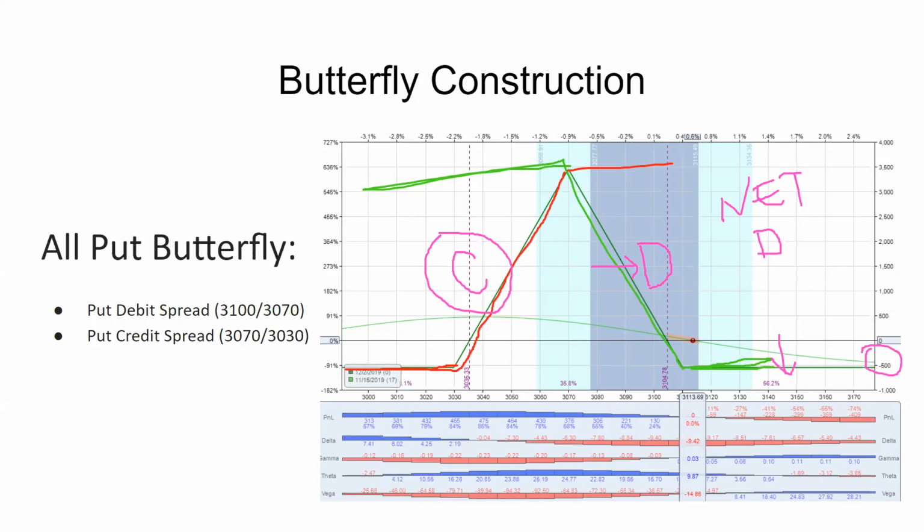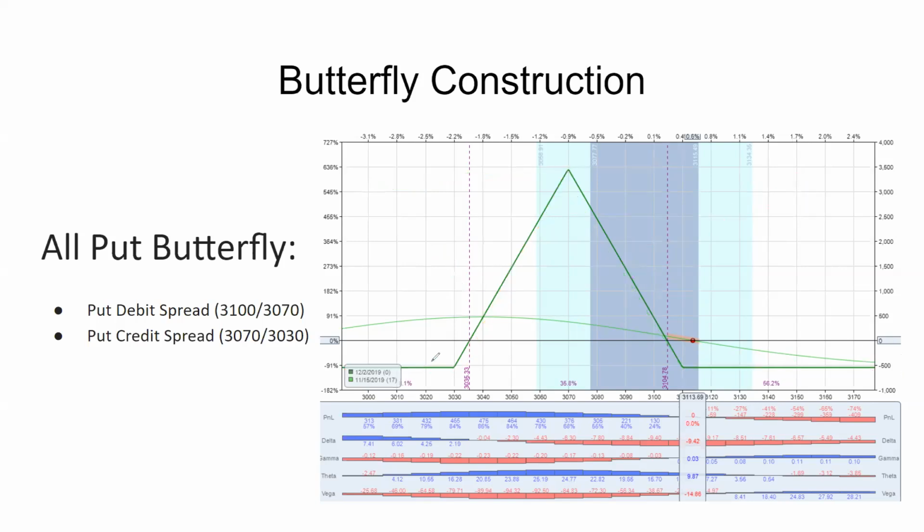And I hope this is clear that if we're bearish, in this case, if we're bearish on SPX, the reason why we want to place this butterfly out of the money to the downside is so that the debit spread that we're buying here is going to increase in value if the underlying starts to move in the direction of this trade.